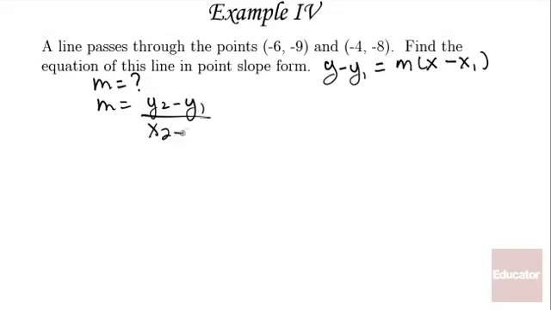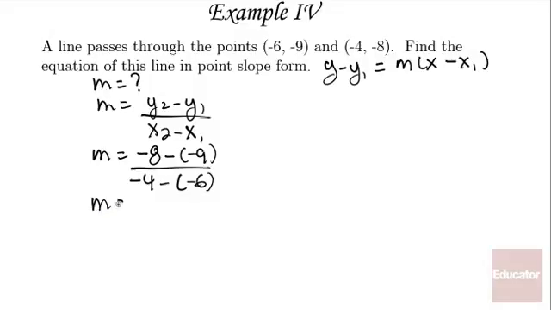Again, writing my slope formula, I have x2, that's -8, minus x1, which is -9, over -4 minus -6. So m equals -8 plus 9 over -4 plus 6.